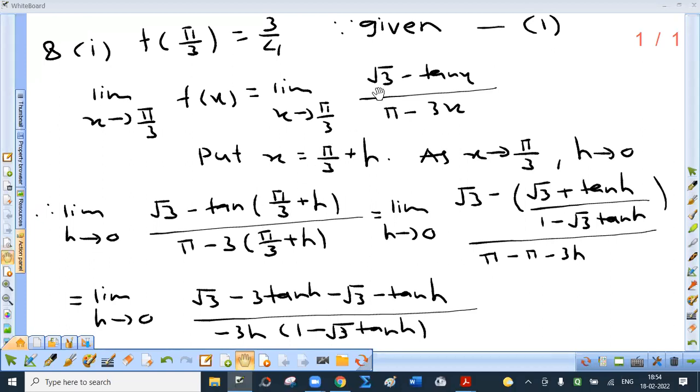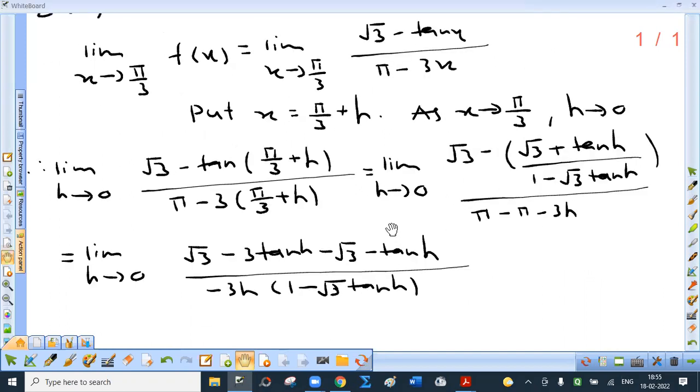So limit h tends to 0, root 3 minus, what is tan of alpha plus beta? I have directly written this, tan pi by 3, which is root 3 plus tan h upon 1 minus root 3 tan h. Denominator pi minus 3 into, in bracket, pi by 3 plus h. Open the bracket to get this. Now, what is LCM? 1 minus root 3 tan h. So what is numerator?